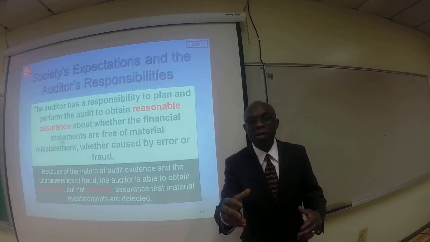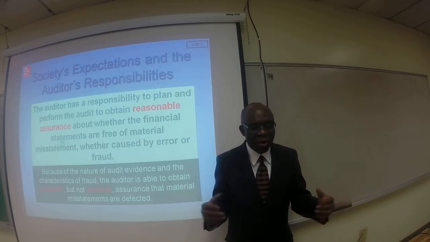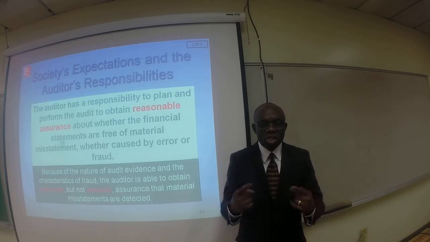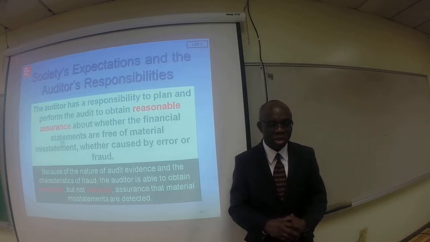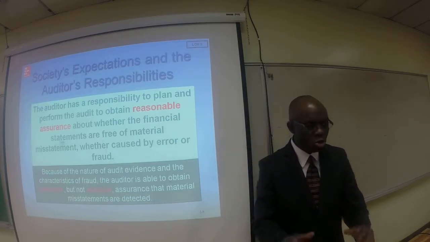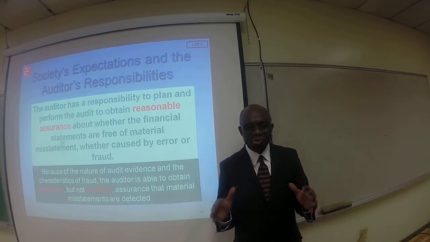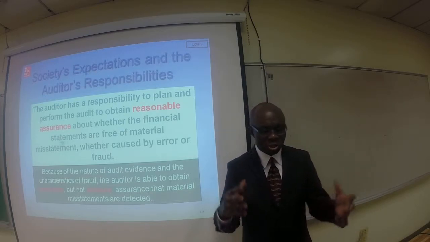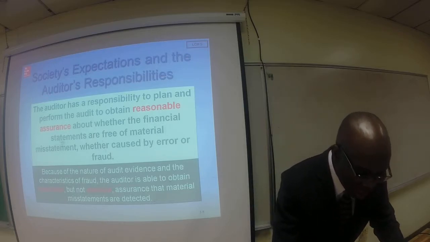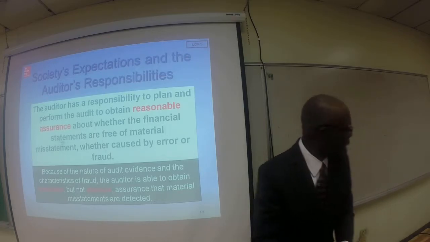Remember, we talked about sampling. We don't get to test everything. Our desire is to give what? Reasonable assurance, not absolute assurance. But the general public does not know that. So societal expectations and the auditor's responsibility are two different ball games.